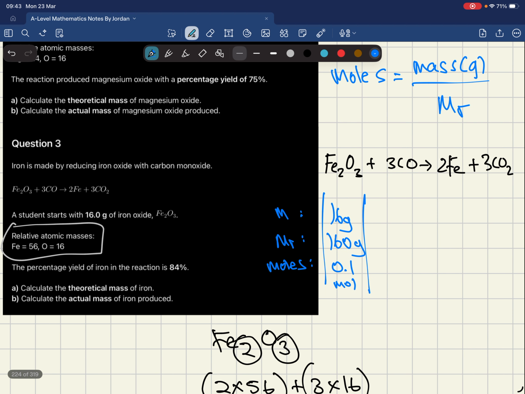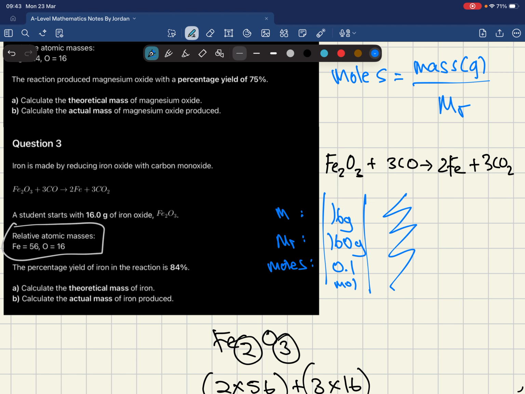Great, we don't actually need to do anything for this one here. We're only interested in what we're trying to produce. So it's iron. If you read the question, it says iron is made. So they're actually interested in the iron.